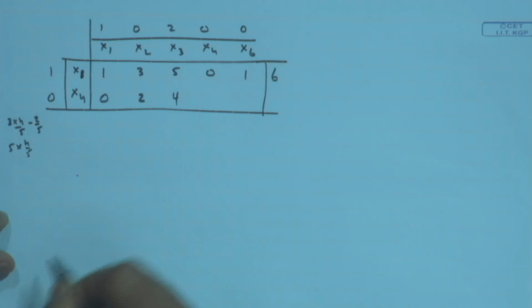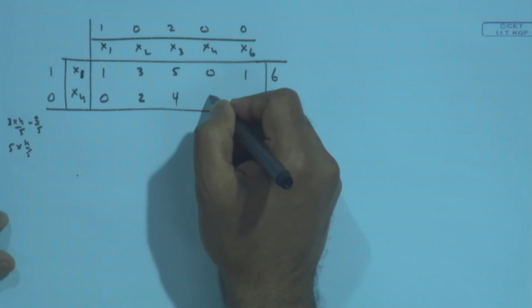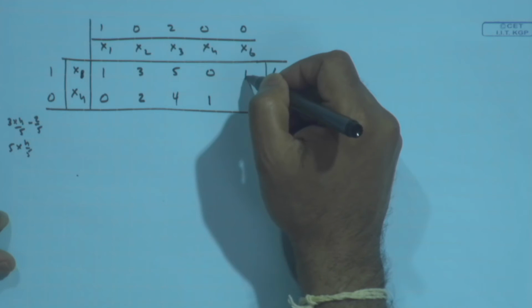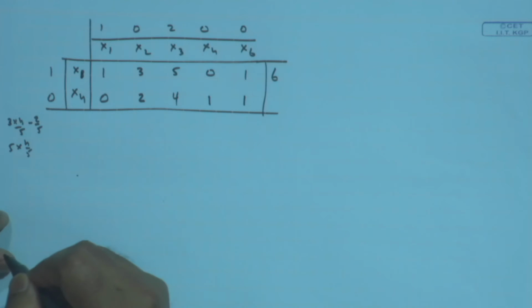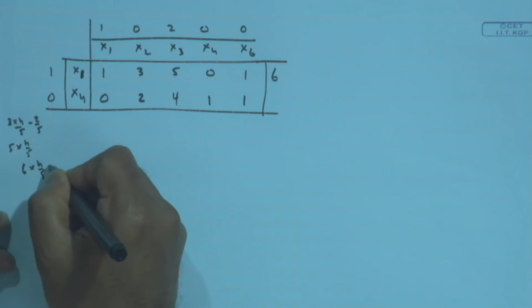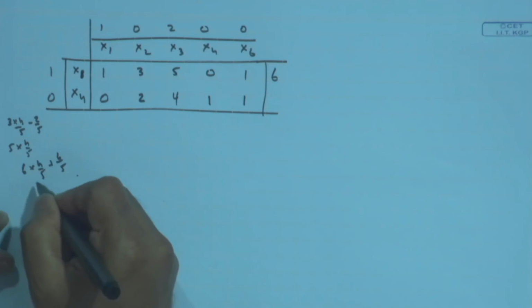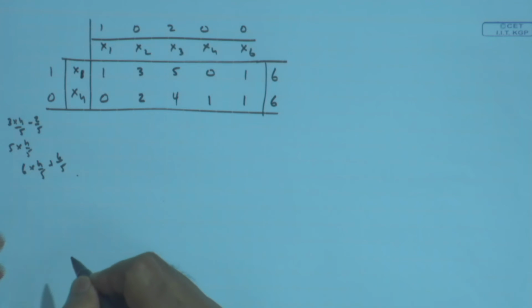And I add to 0. So I get 4. All right. And then 0, it will be 1. The next one, 1 I multiplied by 4 by 5. So 4 by 5 plus 1 by 5, which is 1. And this one, 6 times 4 by 5 plus 6 by 5. So 24 plus 36. Okay?